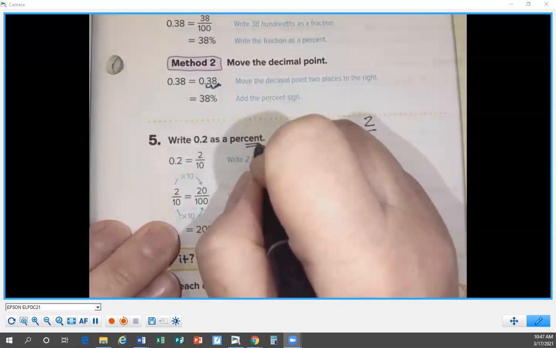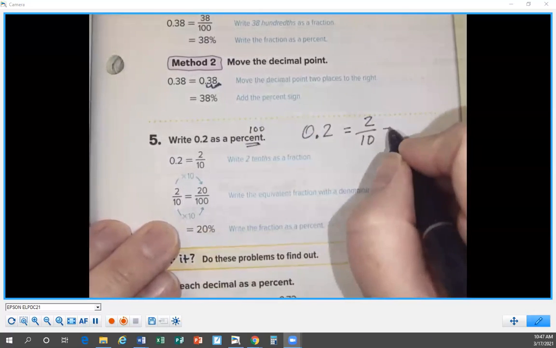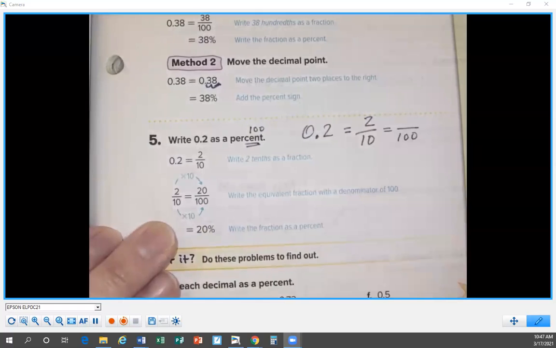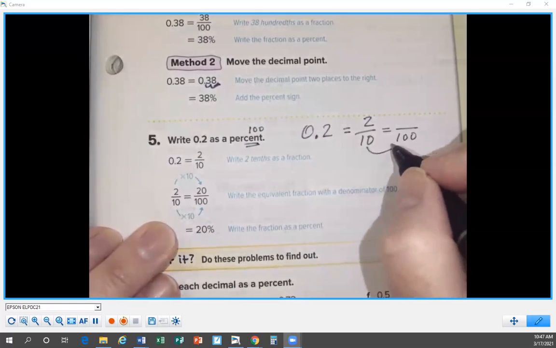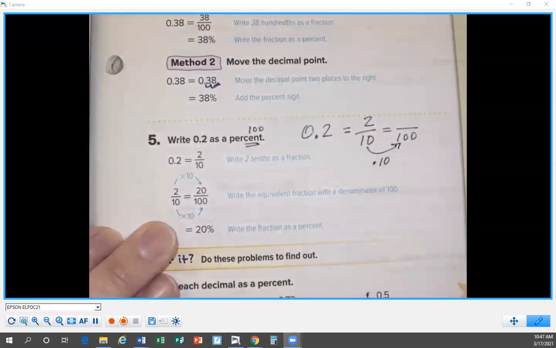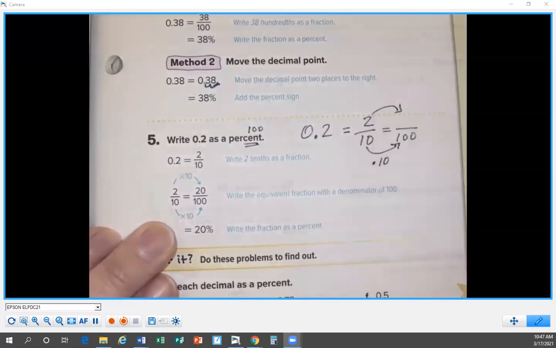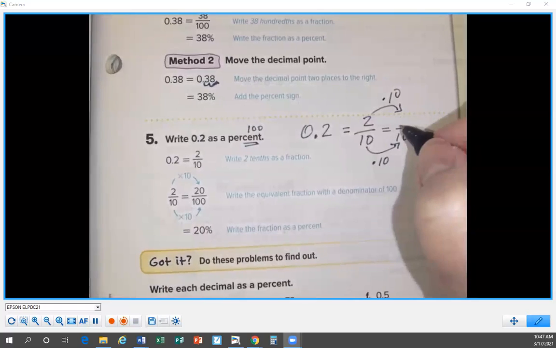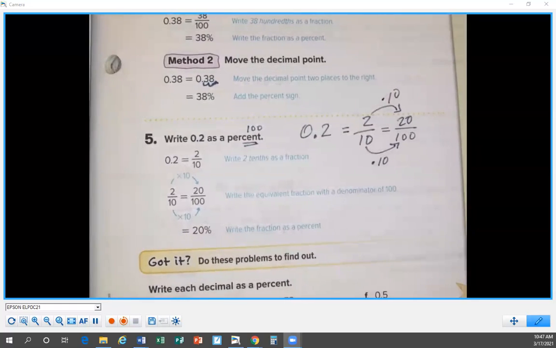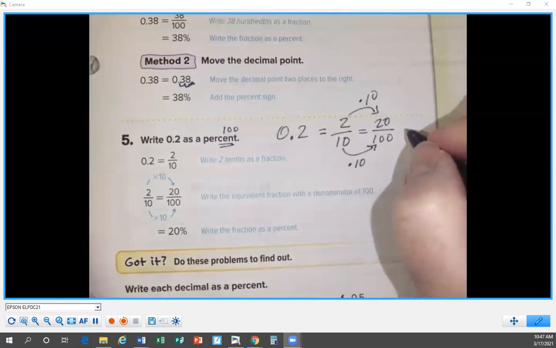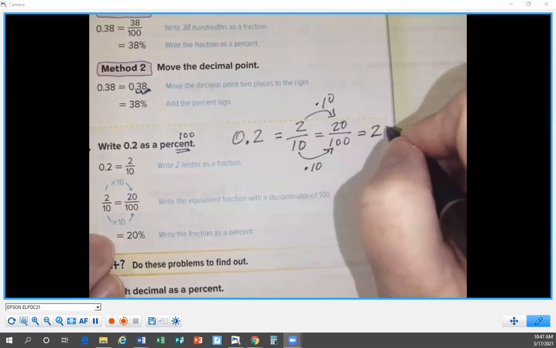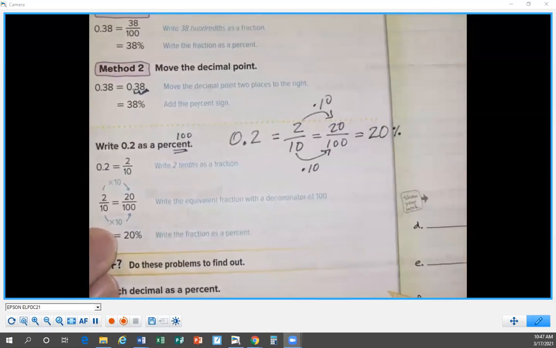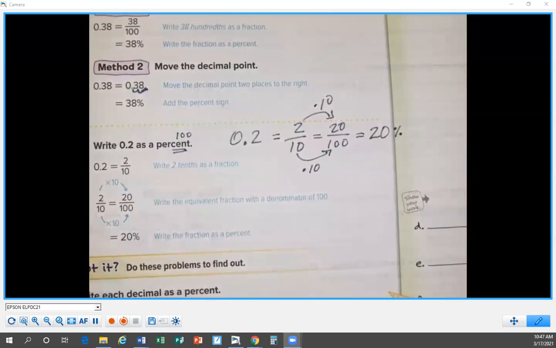Remember, percent means per 100. So I want to make this out of 100. What did I do to my denominator to get to 100? I need to multiply by 10. So what will I need to do to my numerator? I will also need to multiply by 10, and this will give me 20/100ths. So 20/100ths is the same as 20 per 100, or 20%.